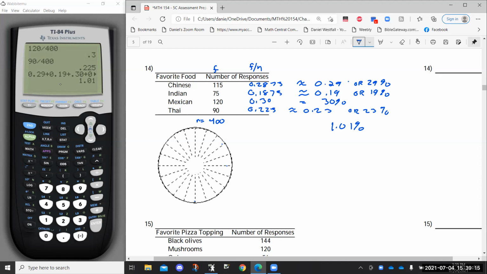So 400, that's interesting that they did that. 15 plus 75 plus 120 plus 90. I'm going to make sure that I added that all together right. Yeah. So why would she split that up into 11ths? Interesting.